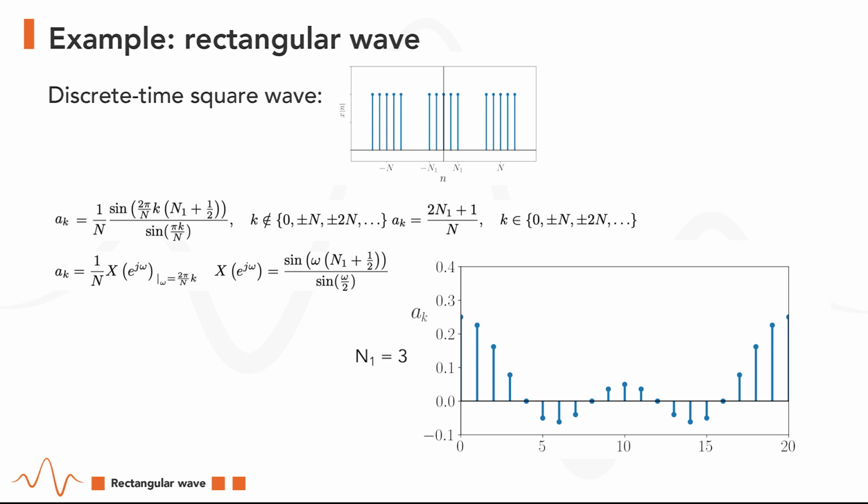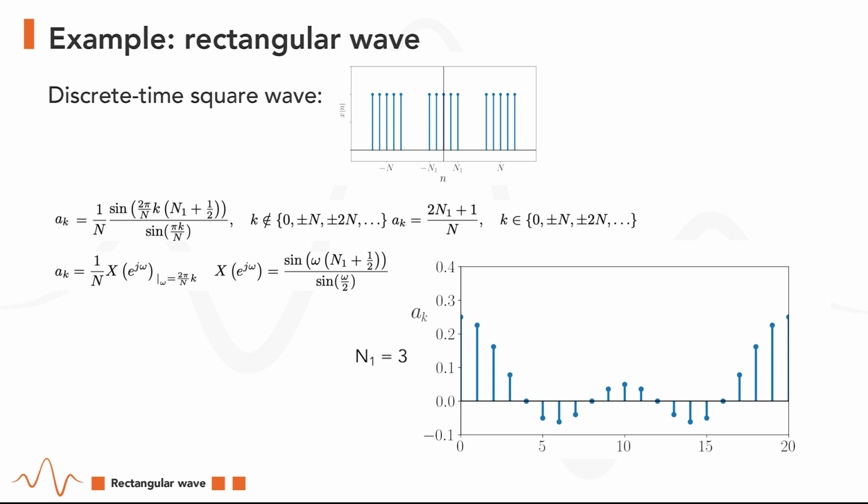Say that we pick capital N1 equals 3. Here are the coefficients when capital N equals 20. These are 20 coefficients from k equals 0 until k equals 19. And that is all we need. But as we have discussed already, when we talked about the discrete time Fourier series, we can plot more coefficients ak.